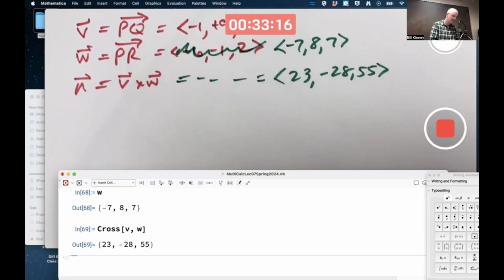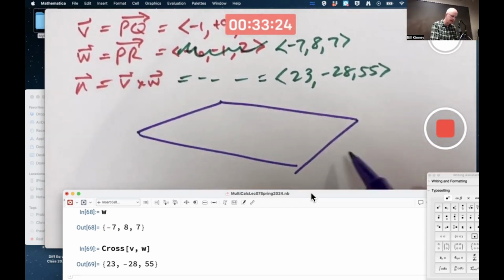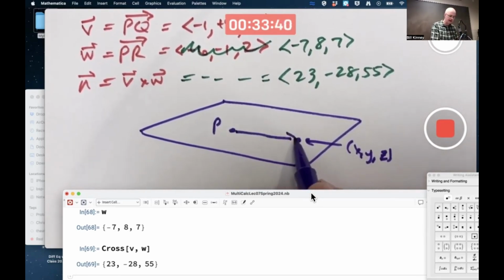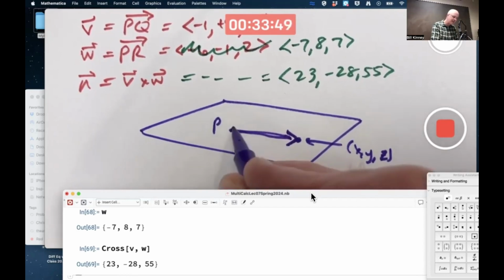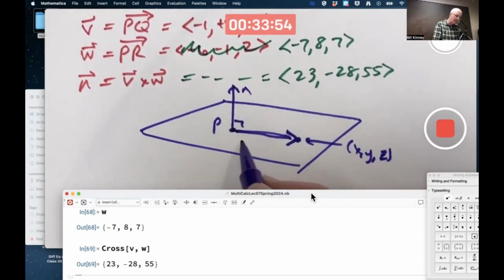Think of it this way. If you got an arbitrary point in the plane, so here's your plane again, you got an arbitrary point with arbitrary coordinates x, y, z, and you got a particular point like our point P, that means an arbitrary vector parallel to the plane, lying in the plane, if you put its initial point at P, will look like that and be orthogonal to N. The dot product of this vector with N will be 0.